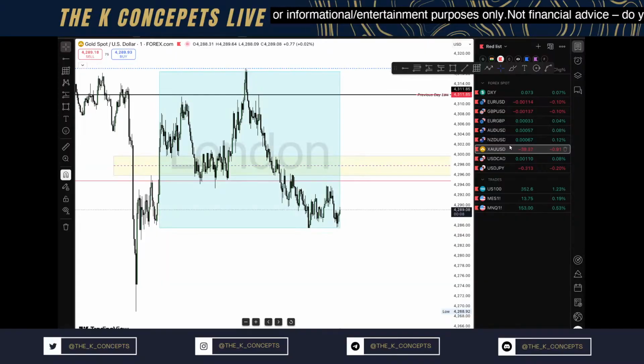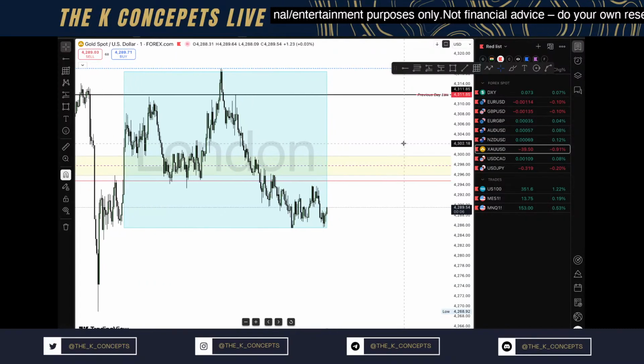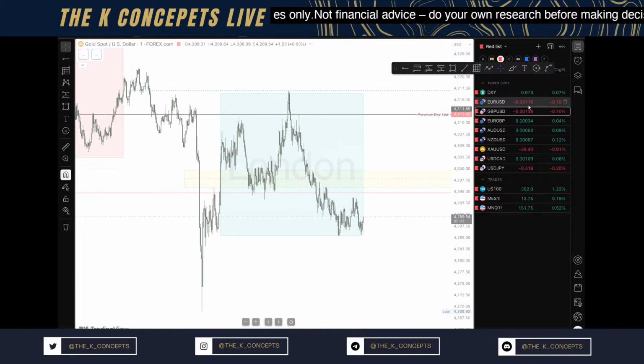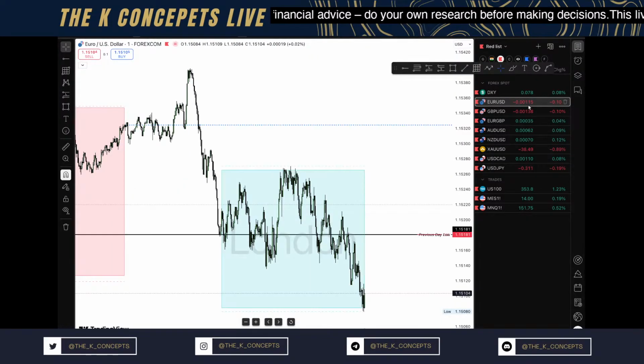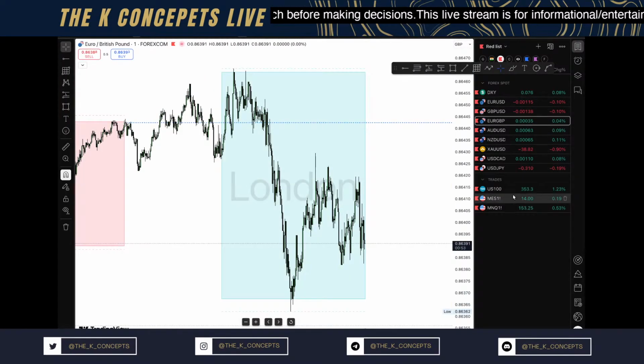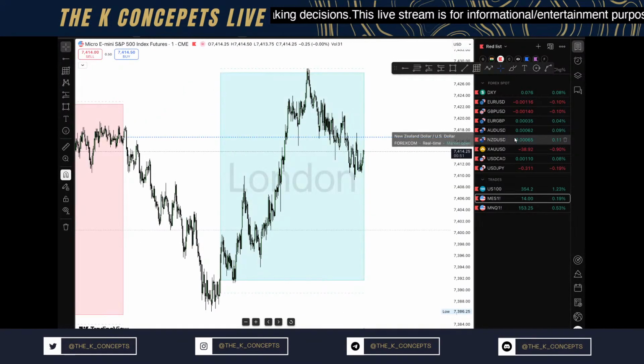Same with every other pair, but if at all you would like to give it a try, I'd say just wait for New York session open and trade if anything matches your criteria.